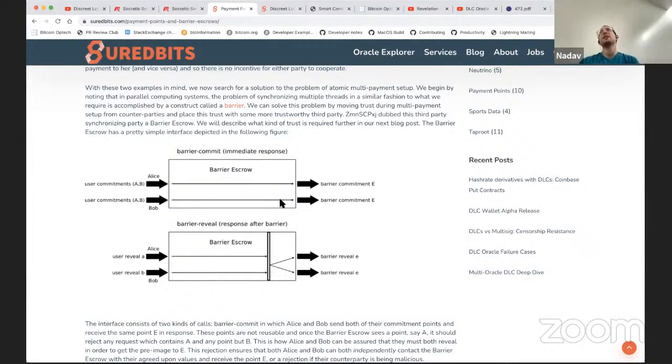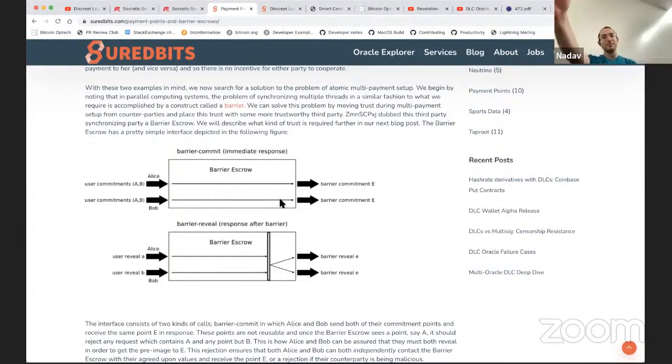So in a simple example, say I want to bet with Chris whether or not it's going to rain where I am tomorrow. I say it won't rain, he says it will, and we want to do a routed DLC over Lightning. I need to set up a payment to him contingent on it raining.